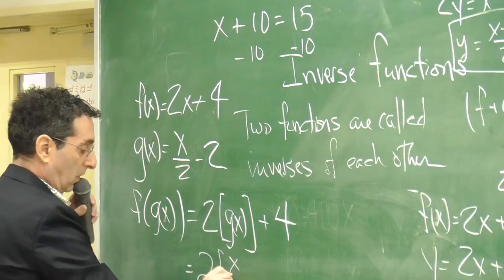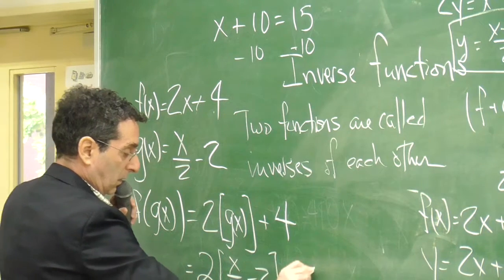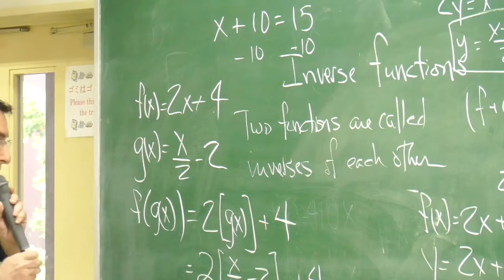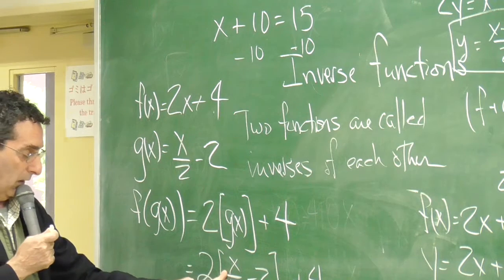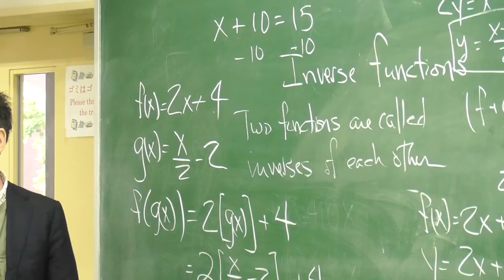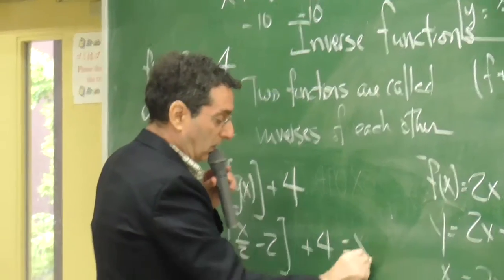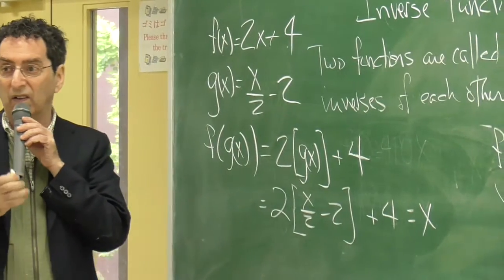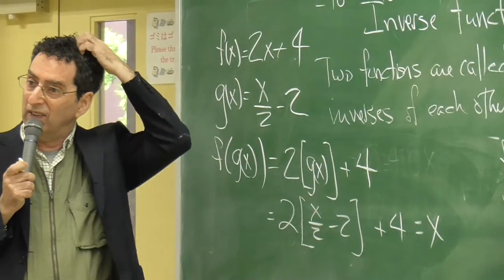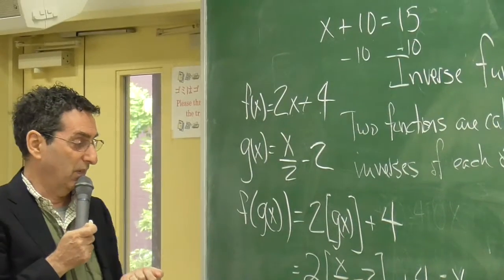G is x over 2 minus 2. So what do I get? X minus 4 plus 4. So I get x. Right? So that trick worked. Okay? Everybody agree? Okay, so that trick works.